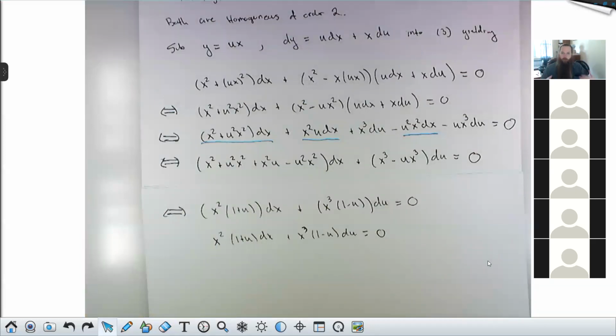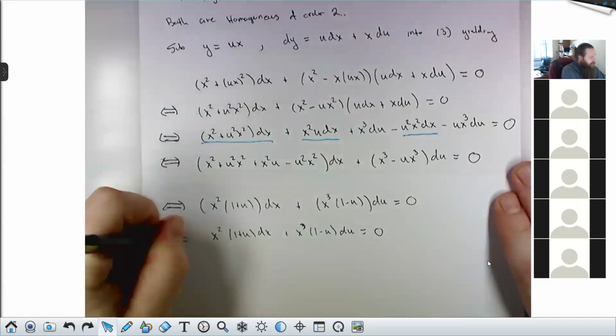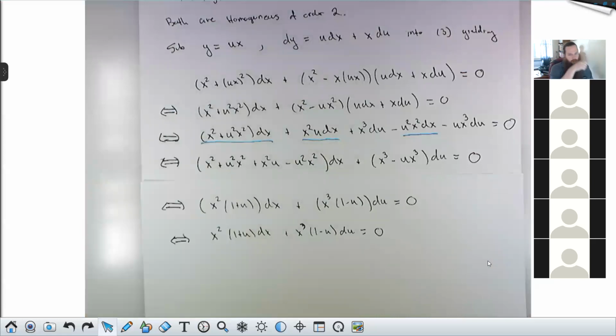So we said after we make those substitutions, we should be able to solve this equation using one of the methods we know from the past. There's only two methods we know from the past: separation of variables and integrating factors. And this is a separable equation. I think it's the case that your homogeneous equations will pretty much always become separable equations after the substitution. So the hope is that this is separable.